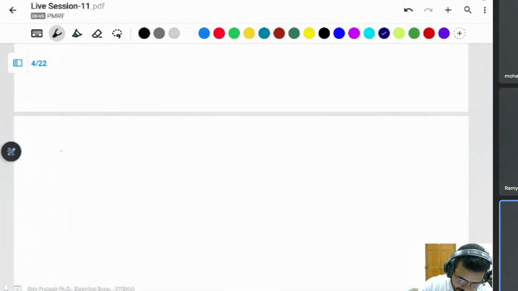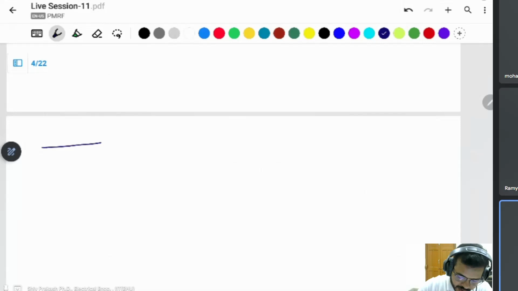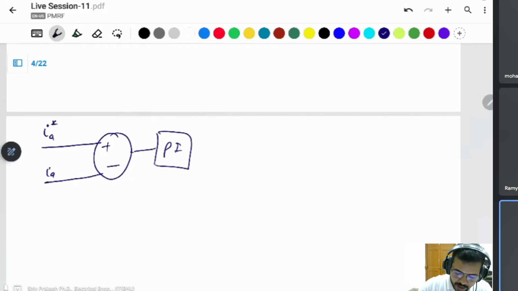Like a DC system, you compare a constant IA reference to a constant IA. Then you simply use a PI controller, and it will minimize the error.